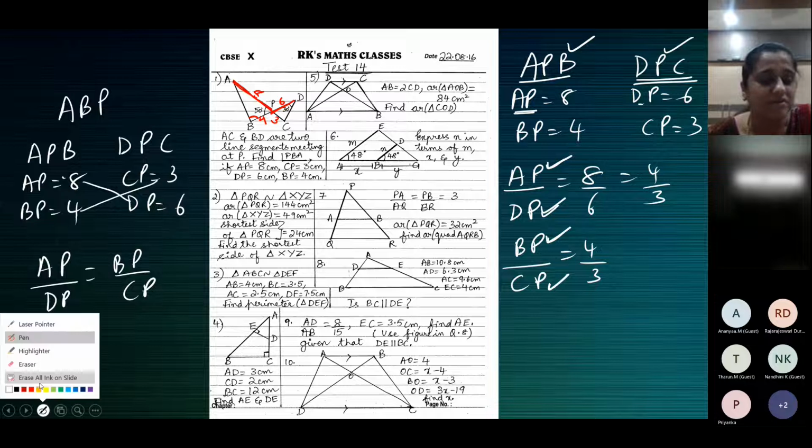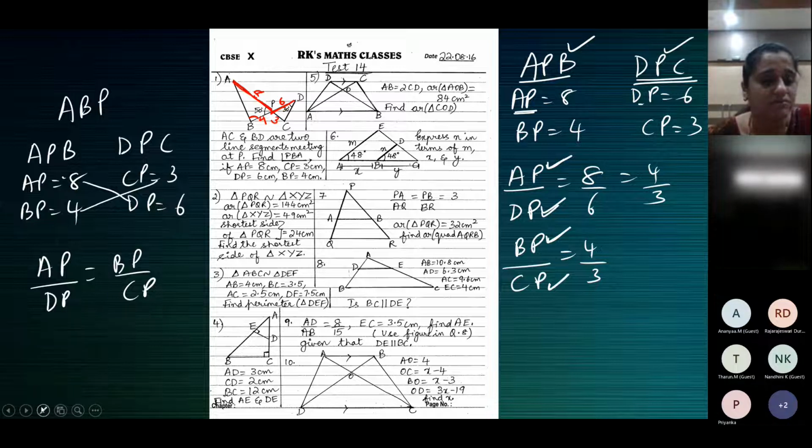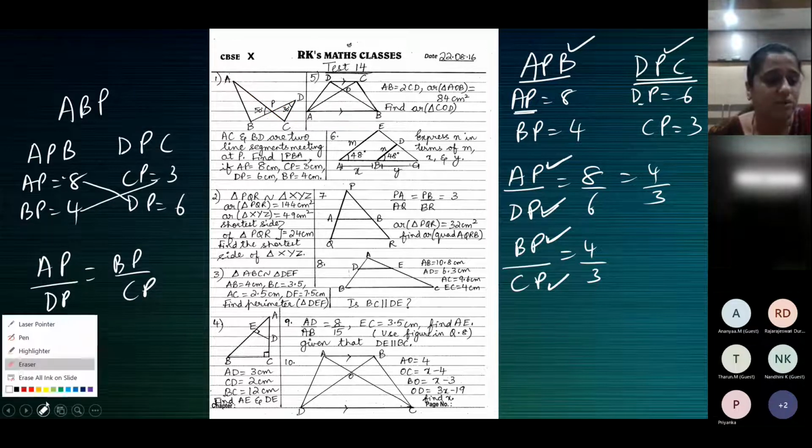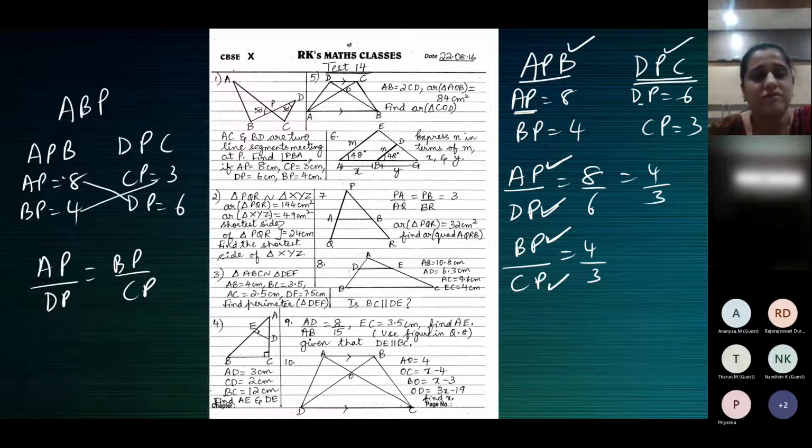And see the included angles. Which are these sides you have taken? In the proportion, we have taken this side by this side and this side by this side. So we have taken these two sides of the first triangle and these two sides of the second triangle in the proportion.